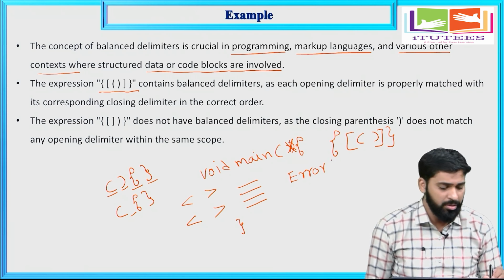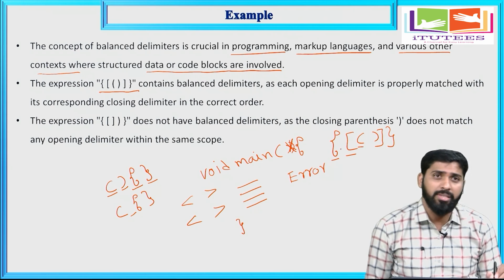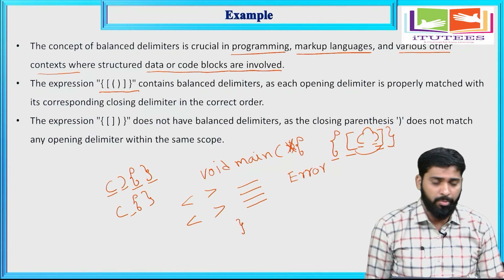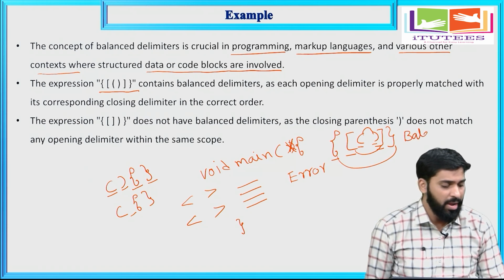How? This is the flower bracket, square, normal bracket. The next one is the closing of the normal bracket, so these two are a pair. The next one is the closing square bracket, so these two are a pair. Now the last one, the flower brackets, these two are a pair. So we say that this is balanced.